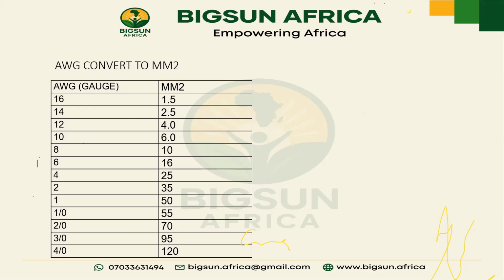So if you are looking at it, our current is going to be 247.5 divided by 18.84. Our current is going to be 13.13.